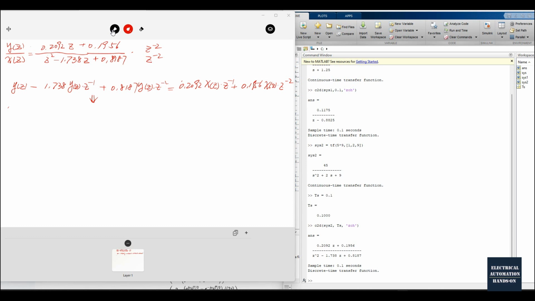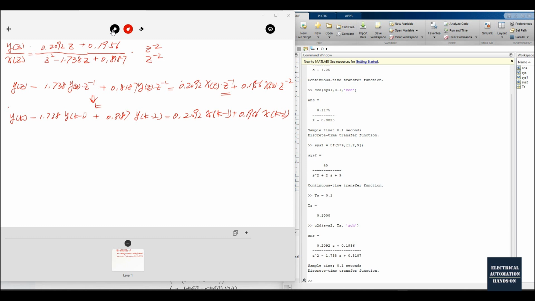Then if we convert to the k domain, the difference equation, this becomes y k minus 1.738 times y k minus 1, plus 0.8187 times y k minus 2, equal to 0.2092 times x k minus 1, and plus 0.1956 times x k minus 2.